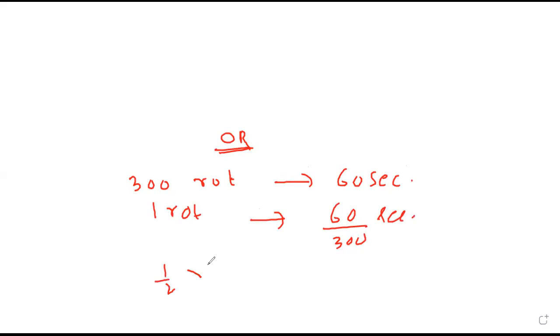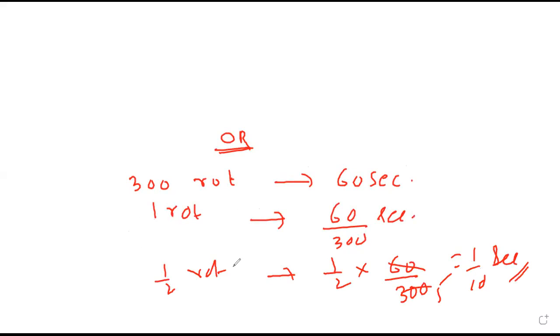Then half rotation it will complete in half into 60 upon 300, 60 upon 5, 1 upon 10 seconds. This much followed. Now just write down for time: in one rotation time is 1 by 5, and in half rotation 1 by 10. Please copy this much again.